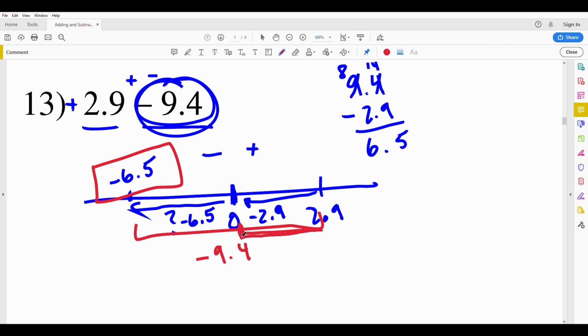So I moved over a negative 2.9, or to the left 2.9, and I just had to figure out how much further I needed to move. So I'll take that distance of 9.4, and I'll subtract out that 2.9 to give me my remaining distance.